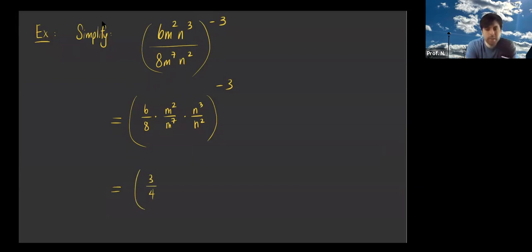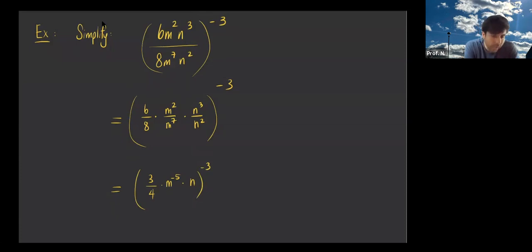Then what's m squared divided by m to the 7th? M to the negative 5. And then what's n cubed times n, divided by n squared? It's just n, correct? So this is the simplification of the inside.